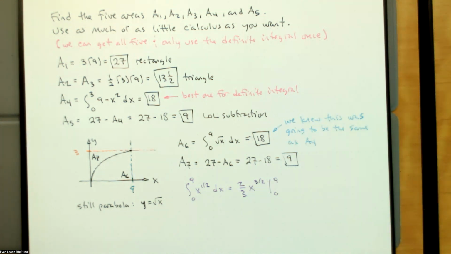Notice that that x to the 3/2 is going to have a 9 to the 3/2, and there are three threes running around: one 3 for the height, and then two 3s down on the bottom.